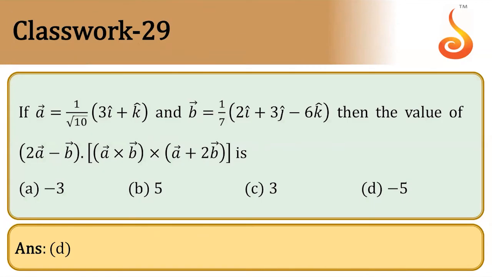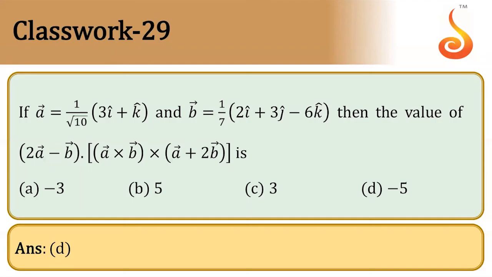A bar is given, B bar is given. They're asking the value of (2A bar minus B bar) dot (A cross B) cross (A plus 2B). So first let us calculate this cross product, and later you can take the dot product with the other outside.